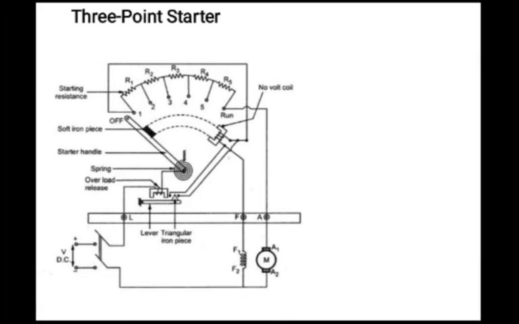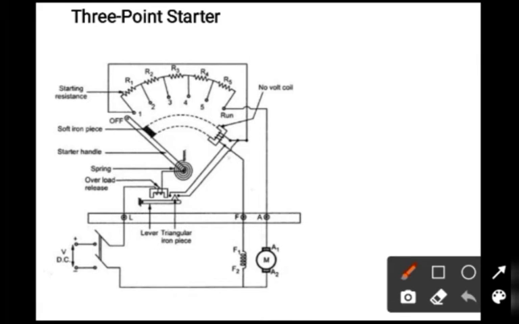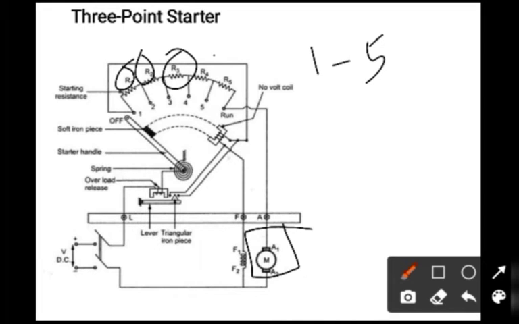Firstly, we will see the current path in the armature circuit. When the handle is at position number 1, the current path will be 1 to 5. That is, it flows through R1, R2, R3, R4, R5 and the final position, and then it reaches the armature of the DC motor.